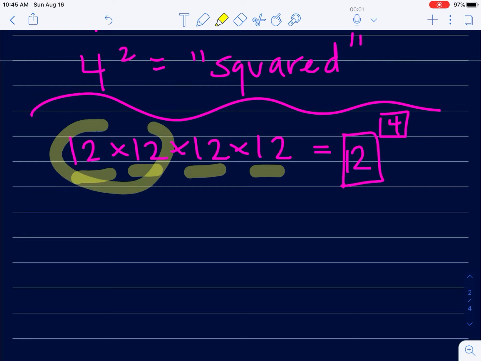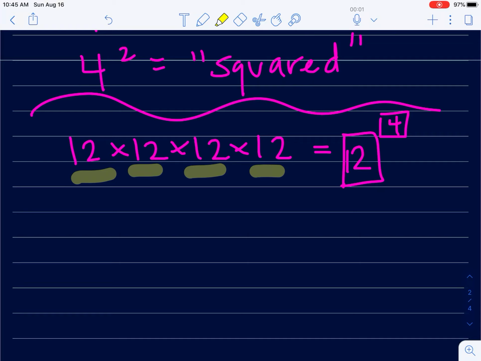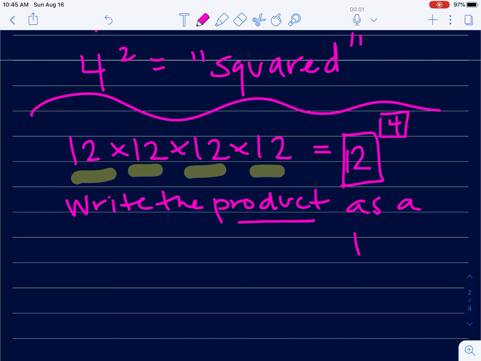It's going to be 12 times 12 is 144, then you have to do times 12 again, times 12 again. So that is how you write the product as a power. If it asks you to write the product as a power, that power means basically that exponent. Write it with an exponent.